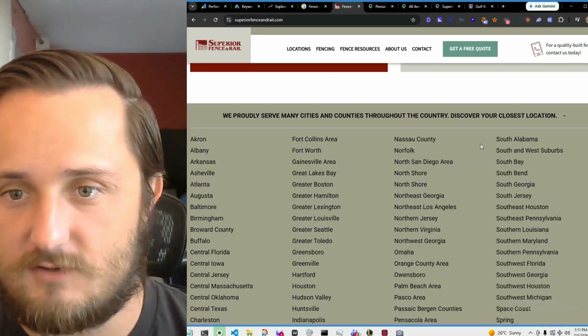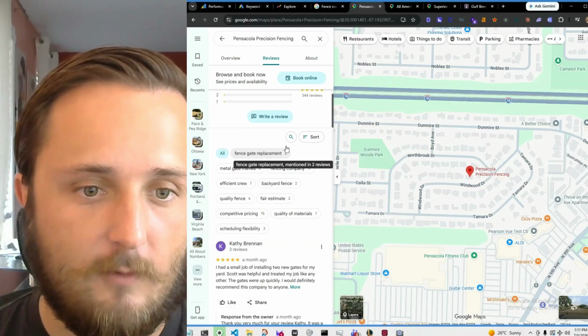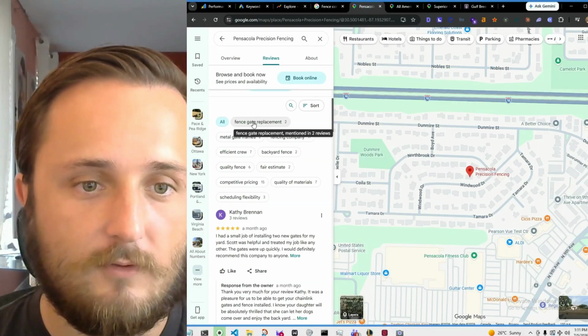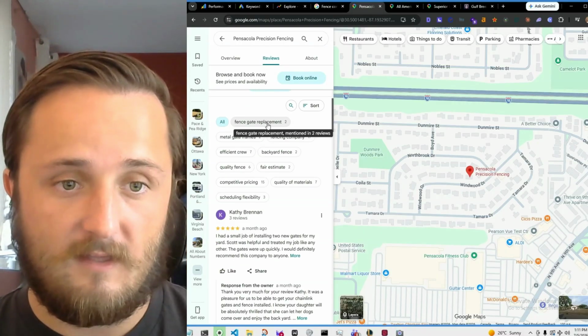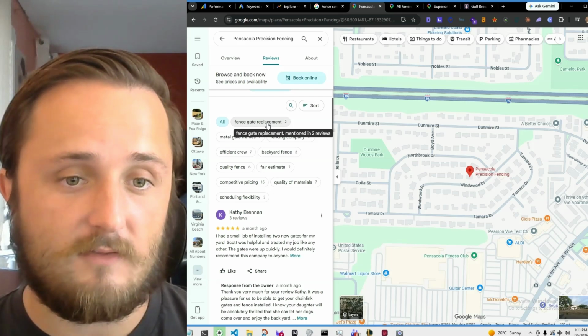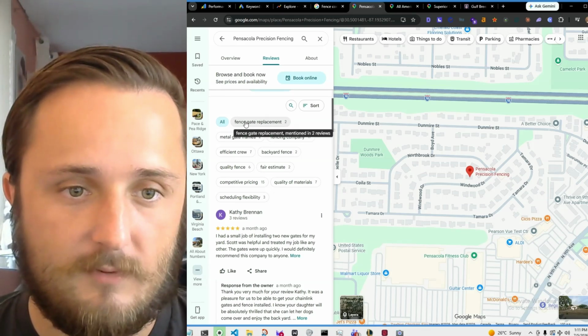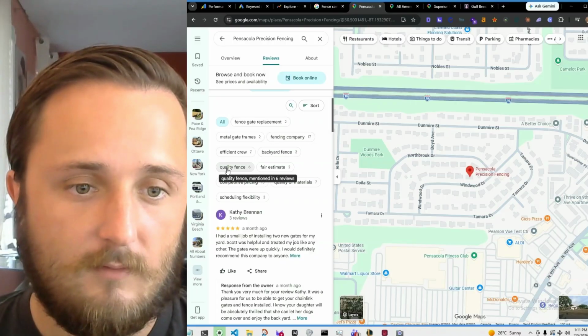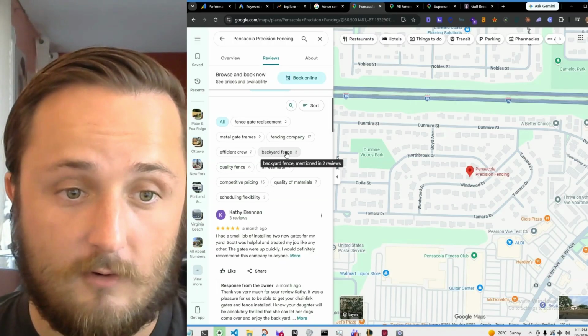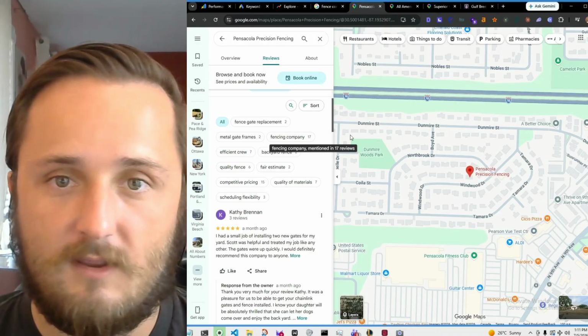And then this is another profile we're going to look at, and we can see that Google is putting a specific emphasis on these words or these keywords, what I would consider. And again, we got fencing company, fence gate replacement, quality fence, backyard fence, metal gate frames.